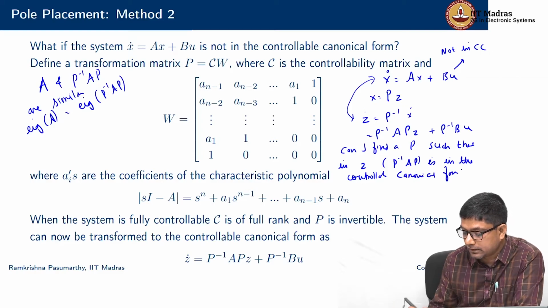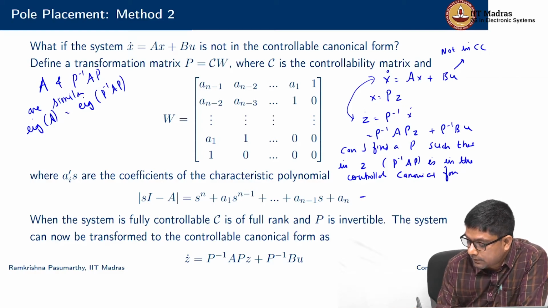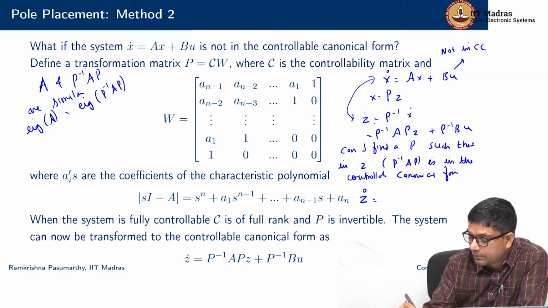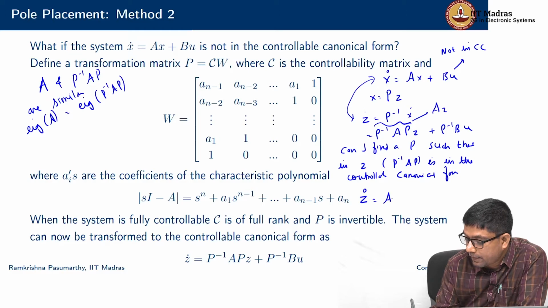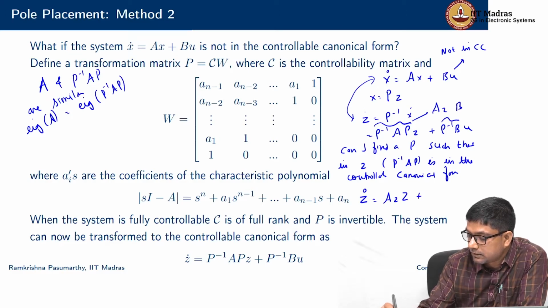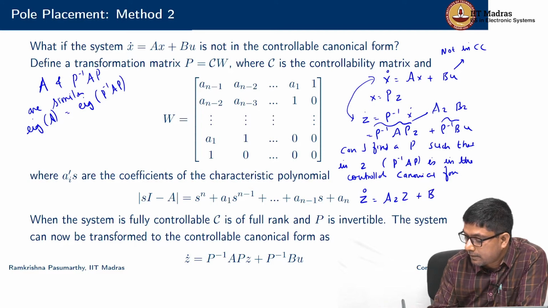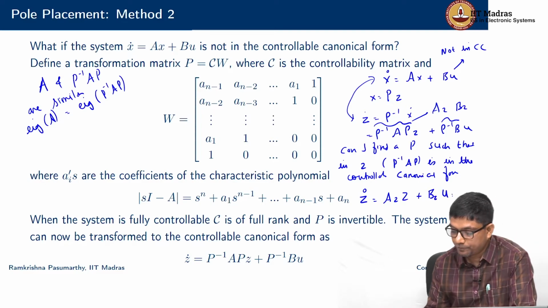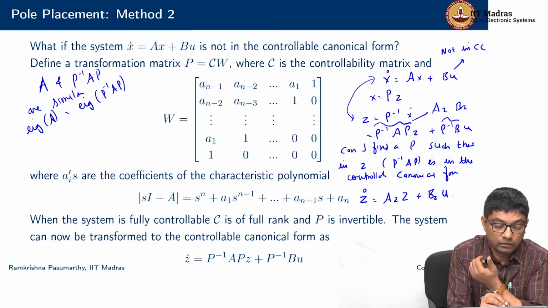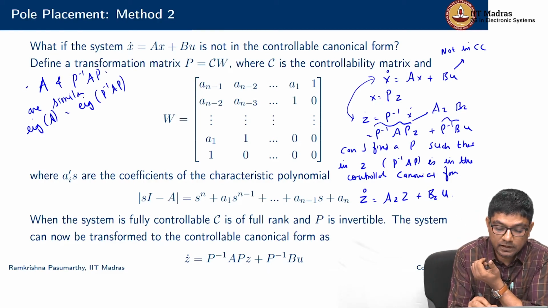Okay. Now, assume that this is in the controllable canonical form, that I have z dot equal to, let me call this quantity Az, times z, let me also call this Bz, times U. Now, the poles here are the same.